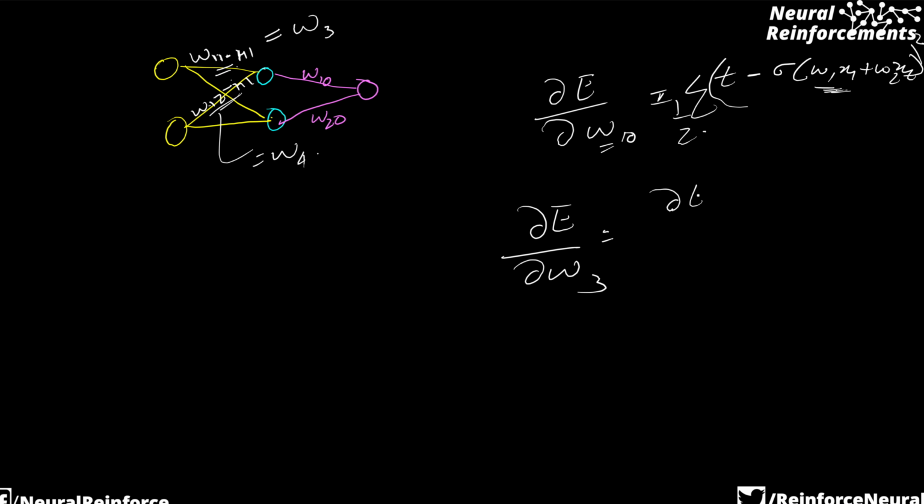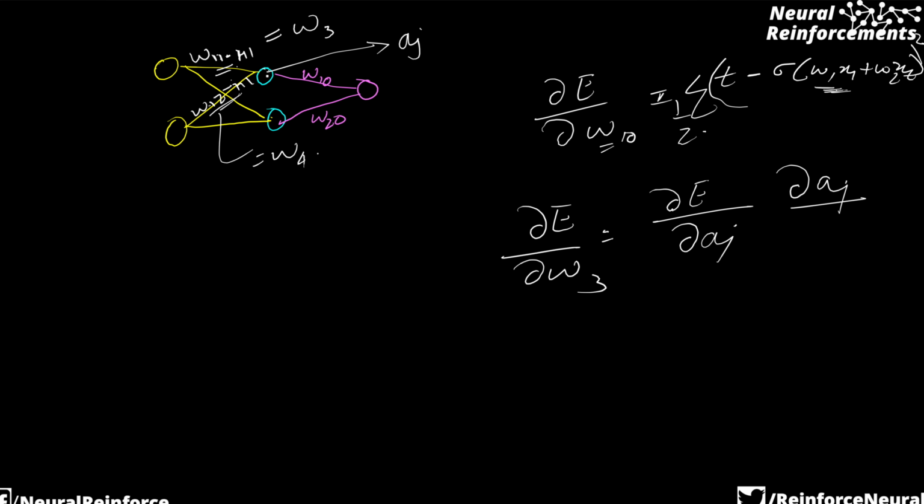We'll differentiate delta E with respect to the output of this particular node, whatever was coming over here, let's call this output AJ.